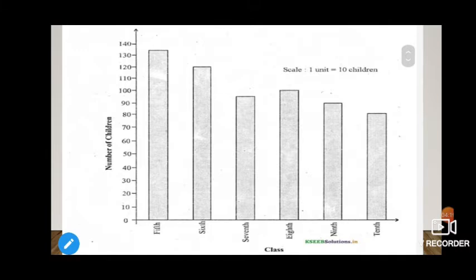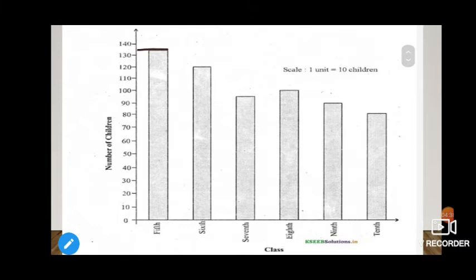If 1 centimeter is our unit, then exactly in the middle of the 1 centimeter you can take 135. Average way means take exactly at the middle, the height of the bar exactly at the middle of 130 and 140.